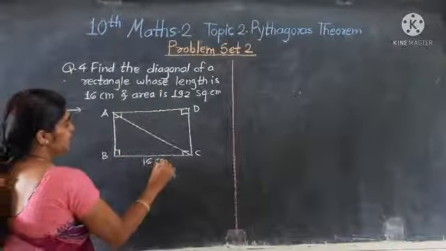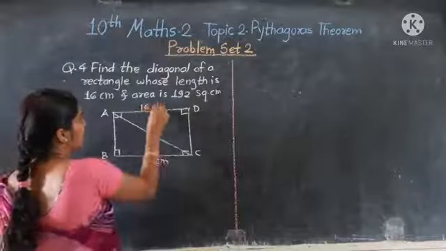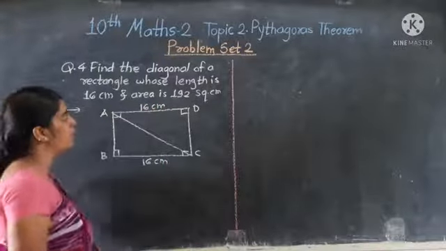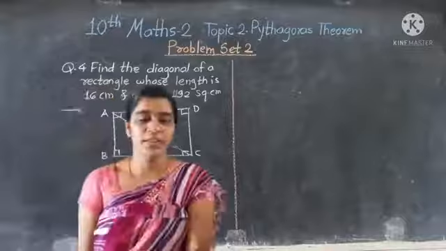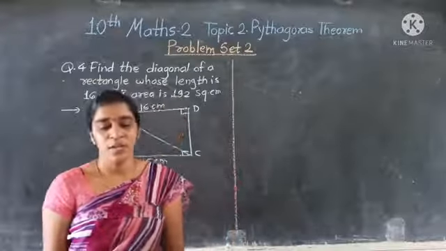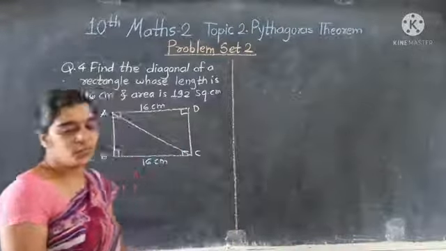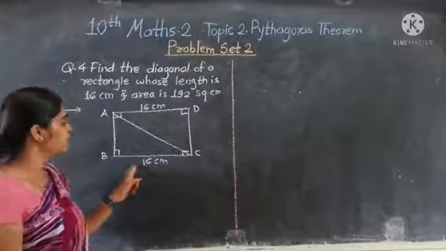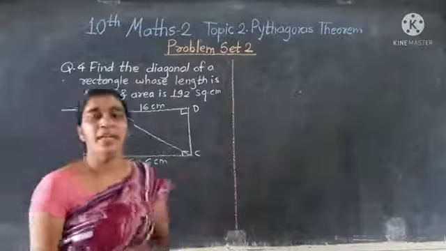Length is given 16 centimeter. And area is given 192. We have to find the length of diagonal. Okay. So here, it is 16 centimeter.